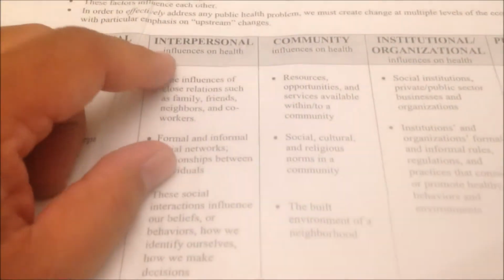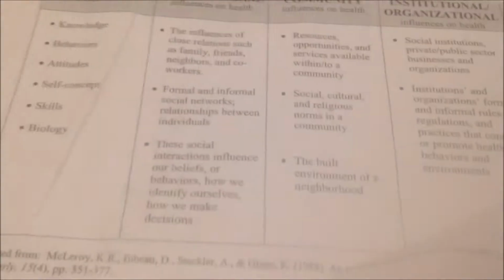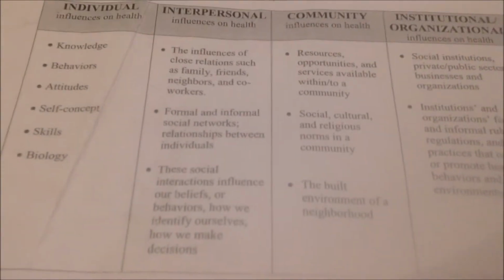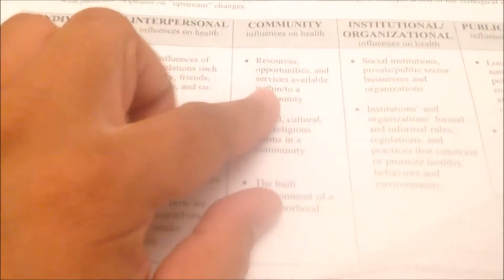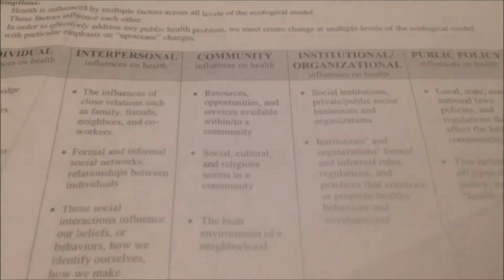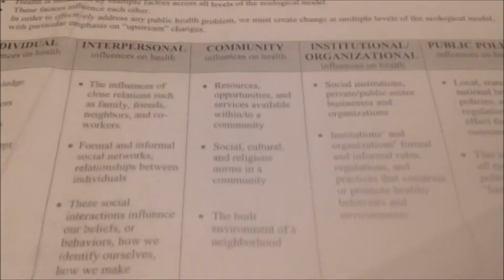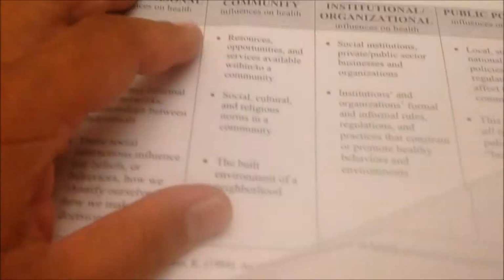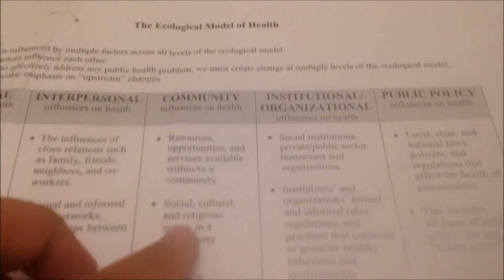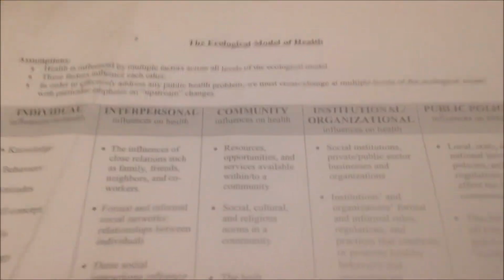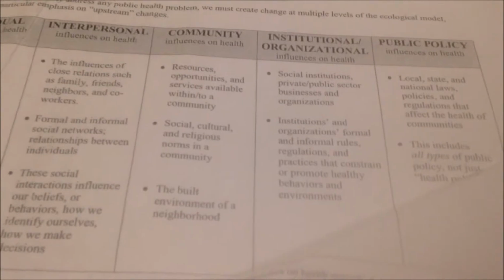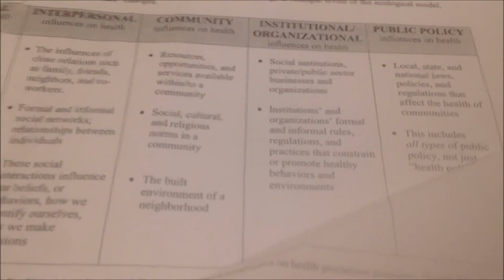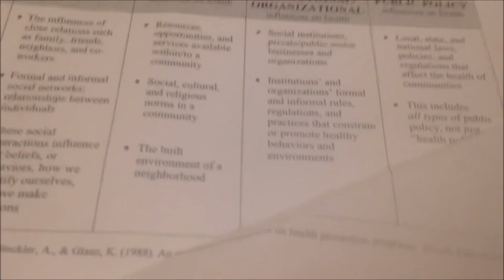And then at the interpersonal, the people around them, family members and friends and neighbors, and then community, what resources, churches, institutions, and cultural norms and social norms in that community. Then of course organizational, institutional, such as businesses and schools and hospitals.